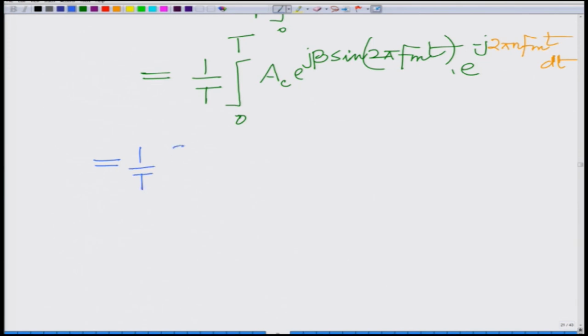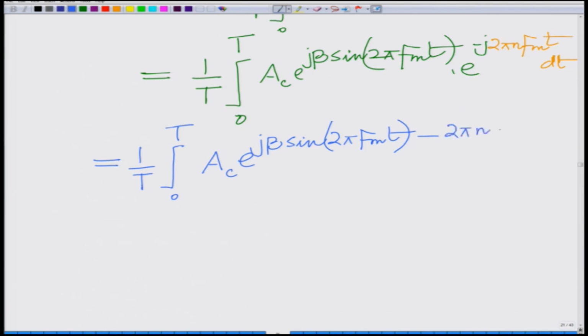which is basically 1 over T integral 0 to T of Ac e to the power of j beta sin 2 pi fm t minus j 2 pi n fm t dt.